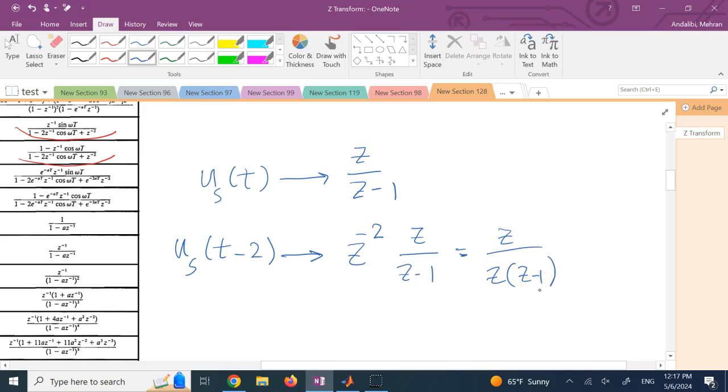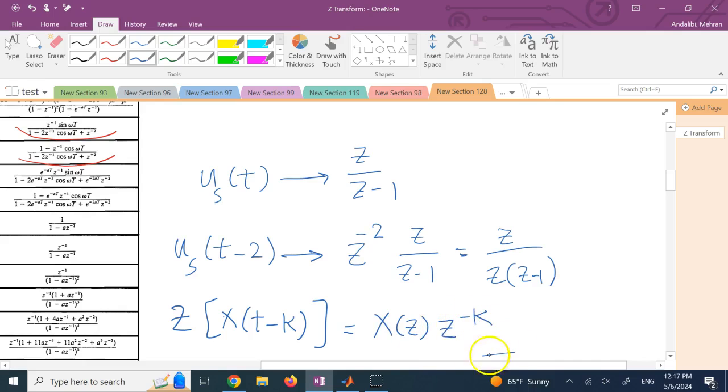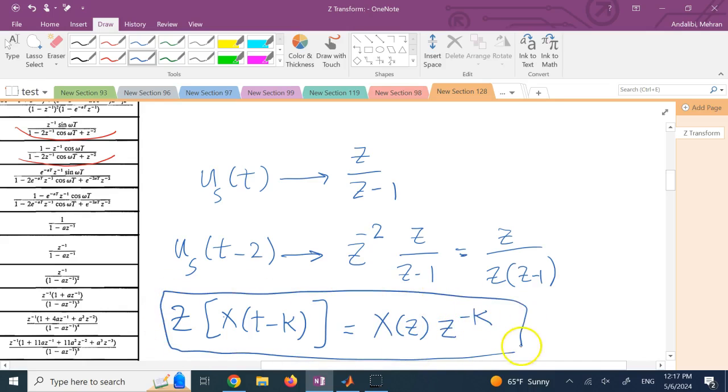Okay? So this is a delay. In general, the z transform of x of t minus k is going to be x of z times z to the negative k. This is called the shift on the time axis, which corresponds to a z to the negative k.